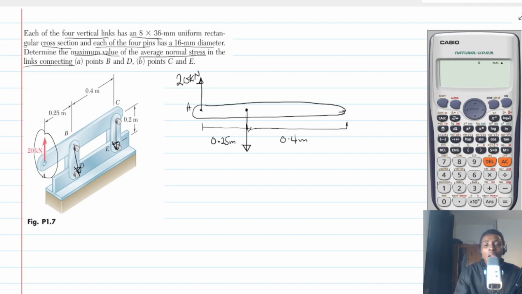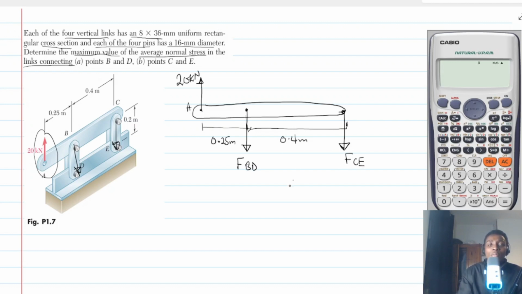If I stand here, I will also experience the same force in CE. So let's call this FBD, and then FCE.